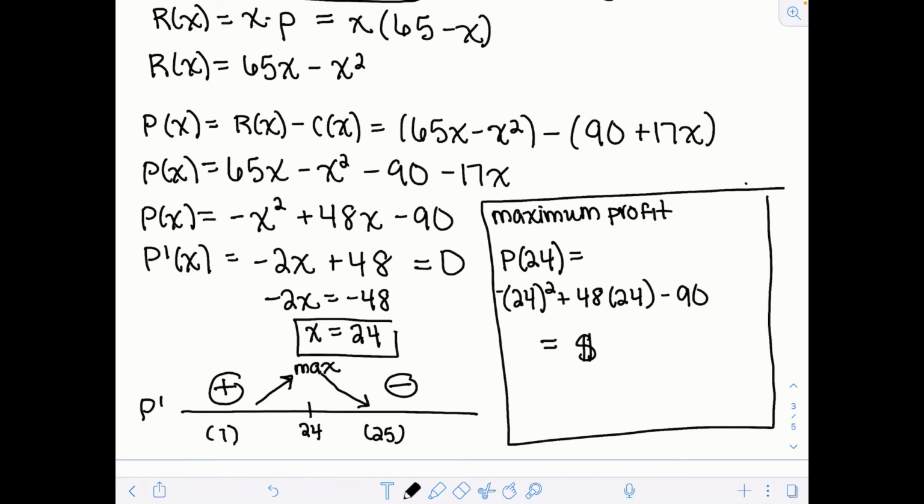You should end up, once you plug that in, with $486. There's nothing in this problem indicating that profit is in thousands or anything like that, which means we can just leave the answer as it is.